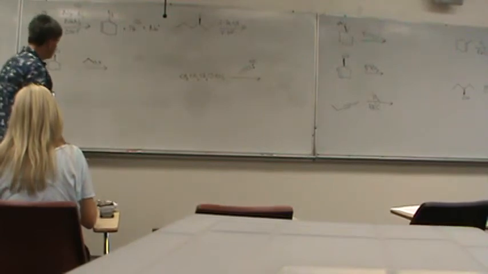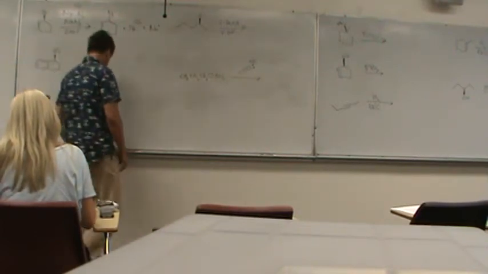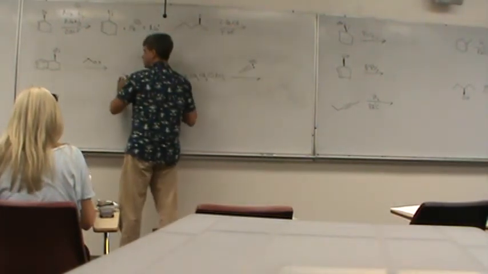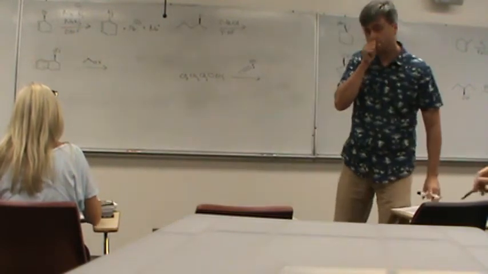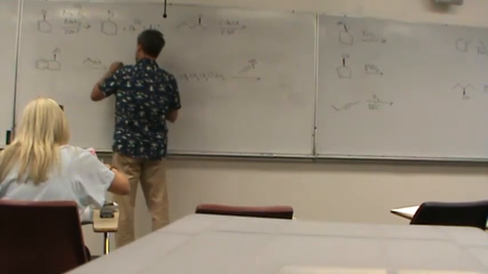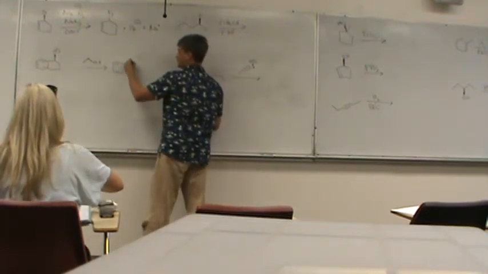All right, so let me draw the SN1 product. Help me draw it. What do I need to do to draw the SN1 product? Draw the benzene rings. I've got to draw this other ring too, right?